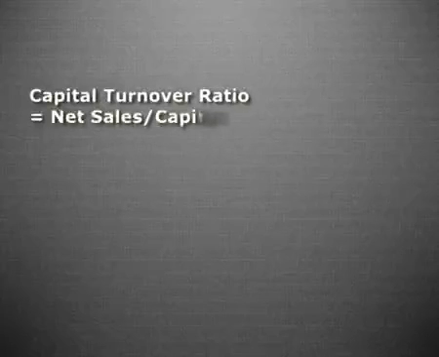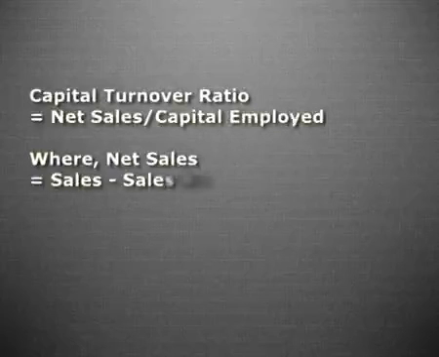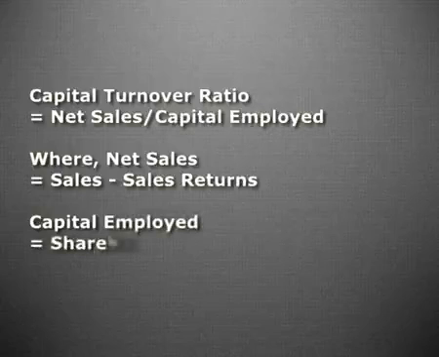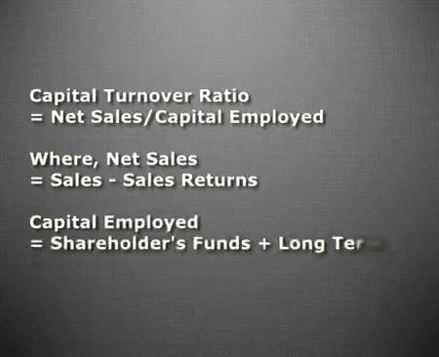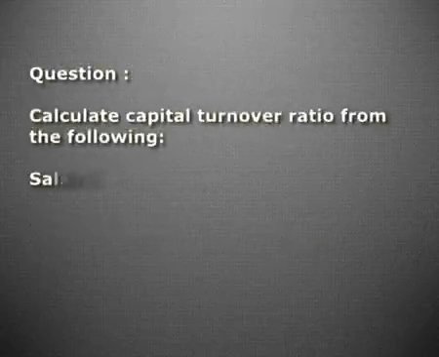Capital turnover ratio is equal to net sales divided by capital employed, where net sales is equal to sales minus sales returns. Capital employed is equal to shareholders' funds plus long-term debts. Question. Calculate capital turnover ratio from the following.